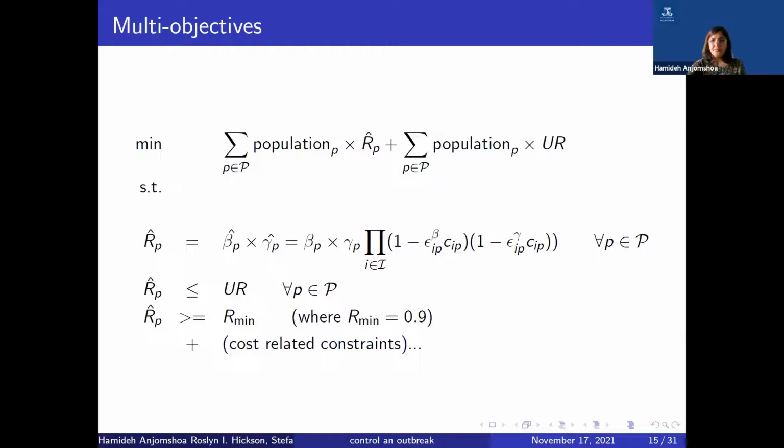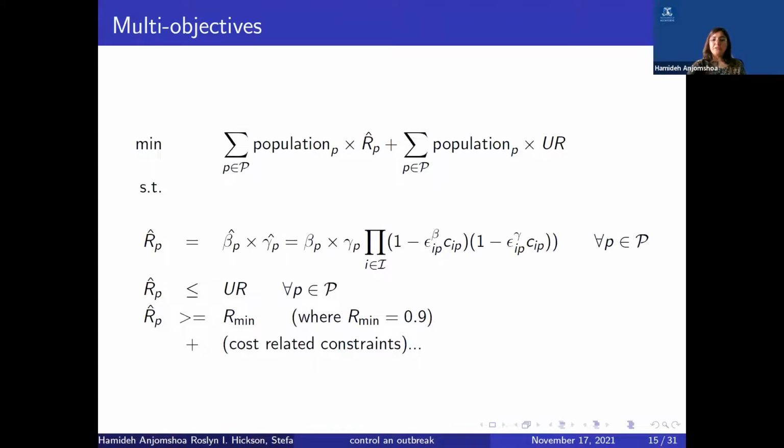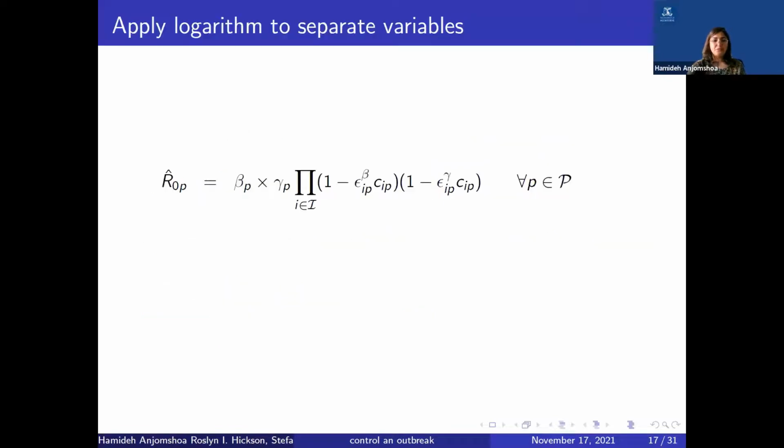Then next are the cost-related constraints as well. But before I jump to the cost, as I told you, here it's a multiplication, and we wanted to look at this and ask: can we do something to linearize this equation?